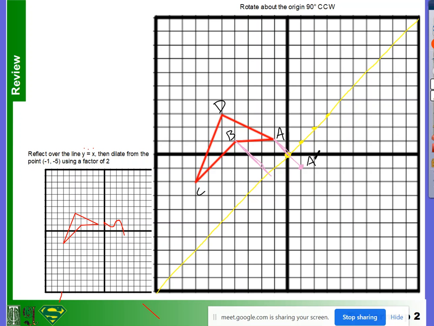So how far away from the line of reflection does it have to be? 2.5. So here's half, 1.5, 2.5. And what am I going to call this point? B prime.